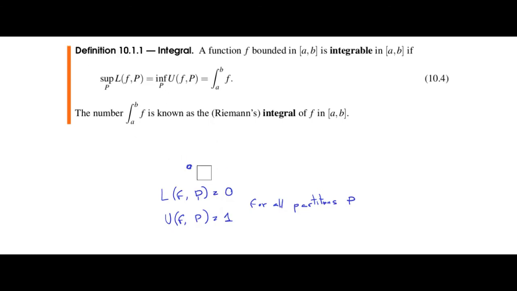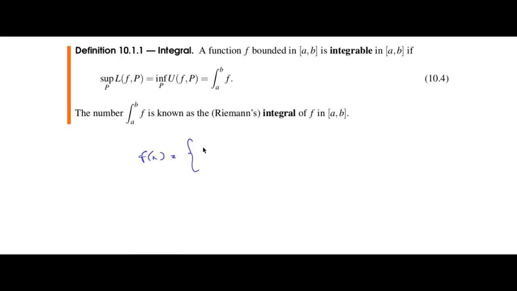Okay, one example of an integrable but weird function is, for instance, the function f that is 1 when x is 1/2 and 0 when x is different from 1/2. In this case, the lower sum, obviously for all partitions, is going to be 0, right?